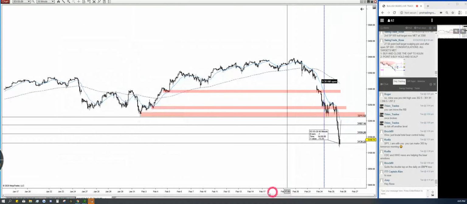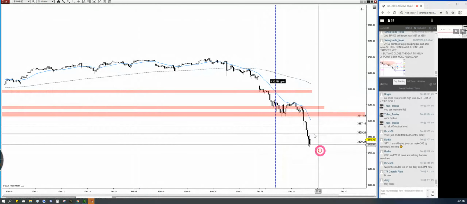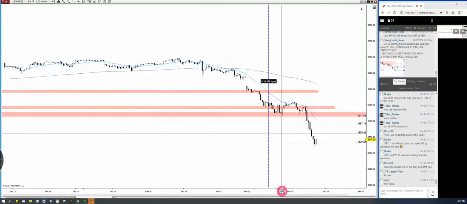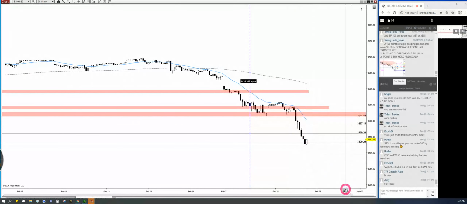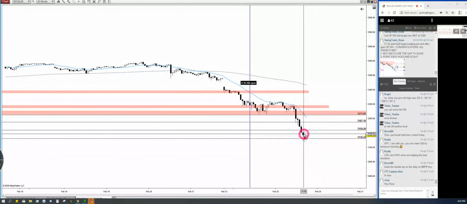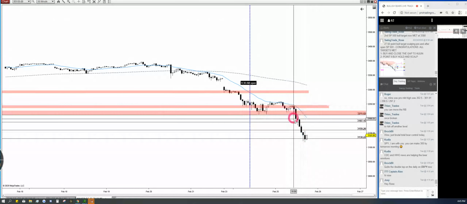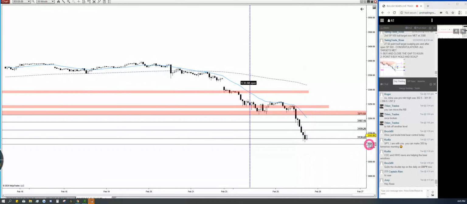So where are we right now? This is the 1-hour chart. These were my targets. Now we have a beautiful 1-hour inside candle with a very heavy overhead resistance. 1, 2, 3, 4, 5, 6, 7 consecutive selling bars and a final 1-hour buying bar.